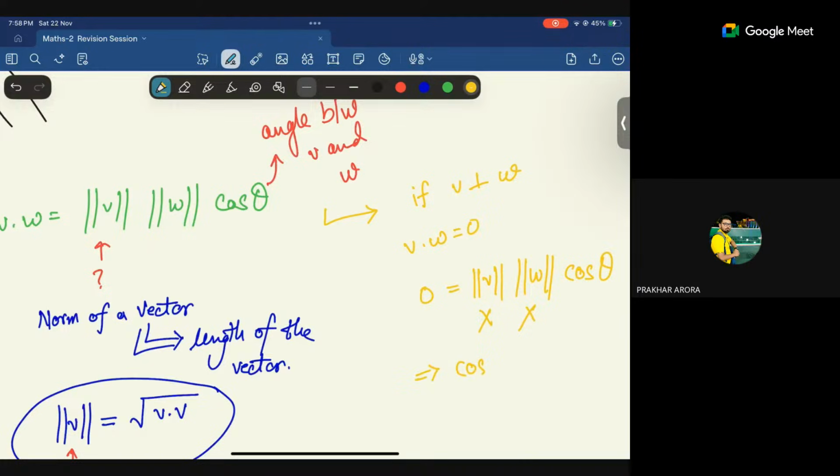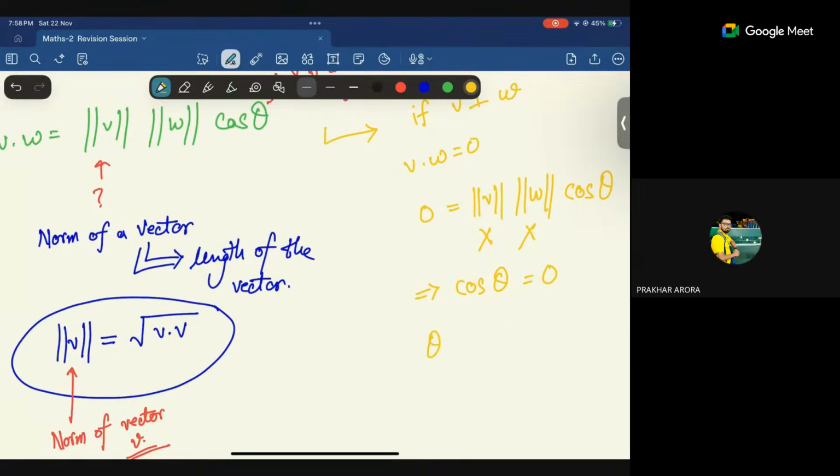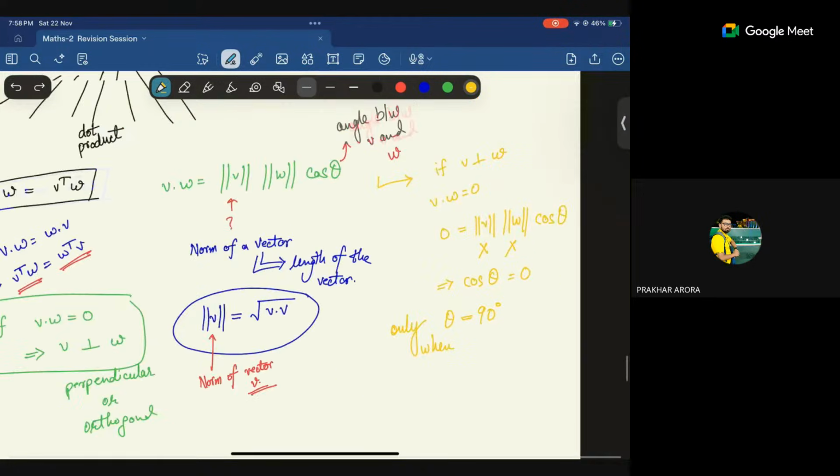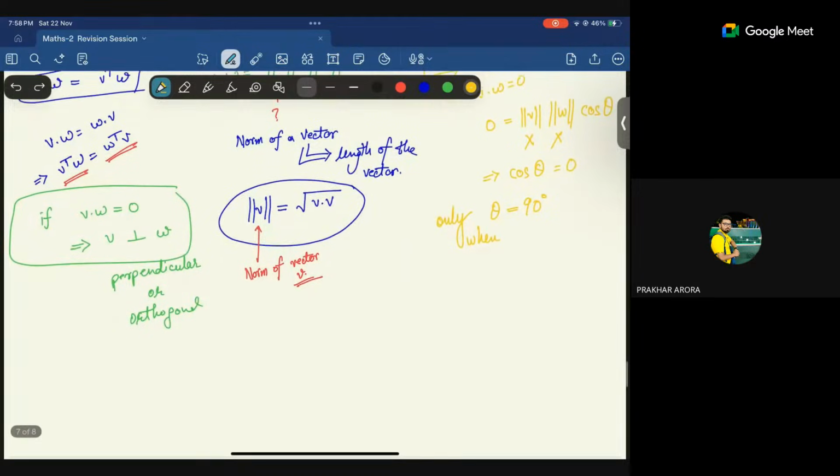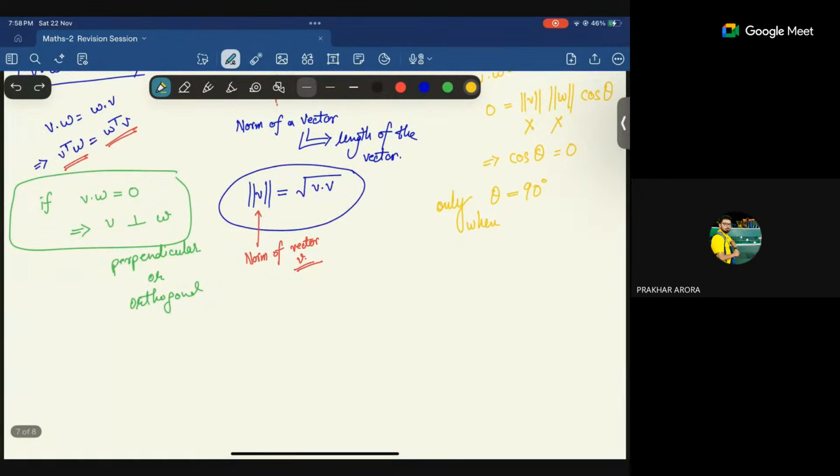That implies cos theta is 0, and we know that cos theta is 0 only when theta is equal to 90 degrees. And this is the reason why we say that v dot w is equal to 0 means that they are perpendicular. Now this sums up the most important topics from week number 7.